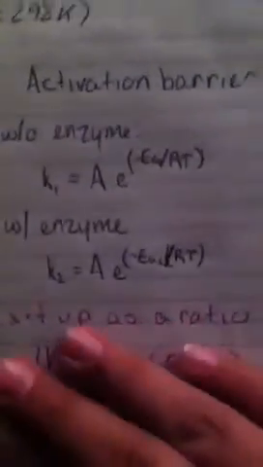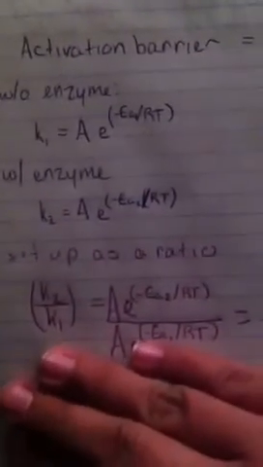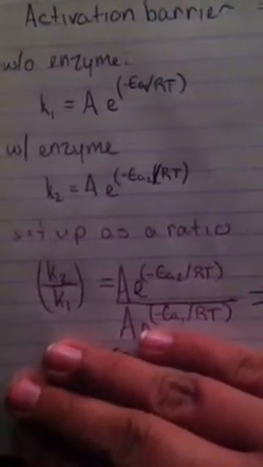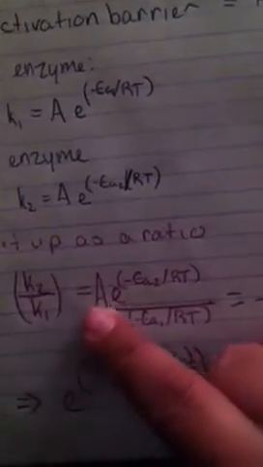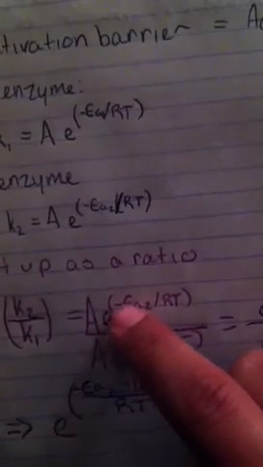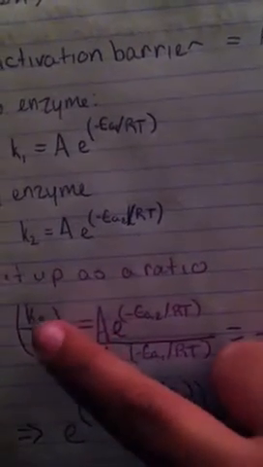Anyway, we have to set this up as a ratio. And what we do is K2 over K1 equals A times e to the negative EA2 over RT.